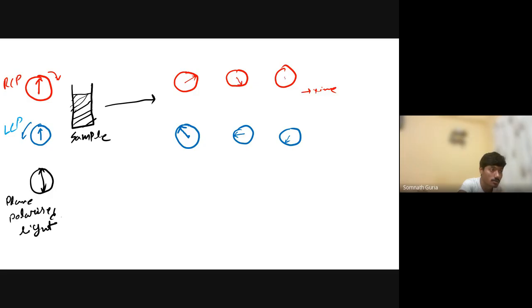In that time, it goes in this direction. The speed of light for RCP is different. So this is RCP and this is LCP.